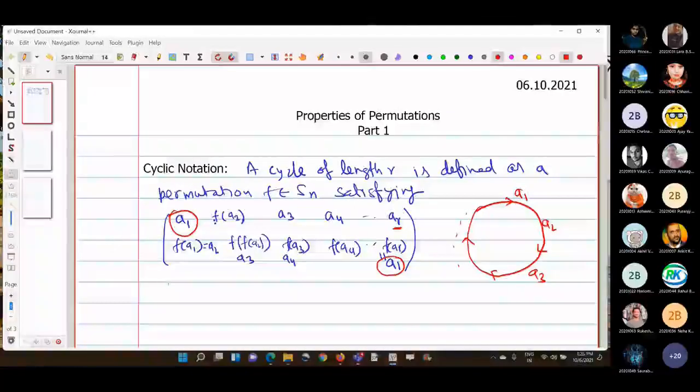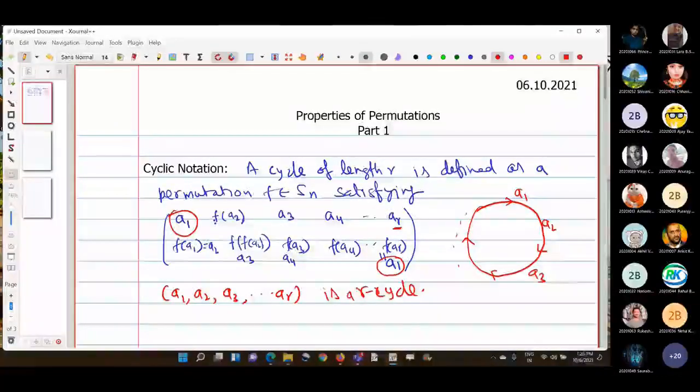Of course we can write it like this. Yesterday we have seen we can write (a1 a2 a3 ... ar). Fine. This is called an r cycle.